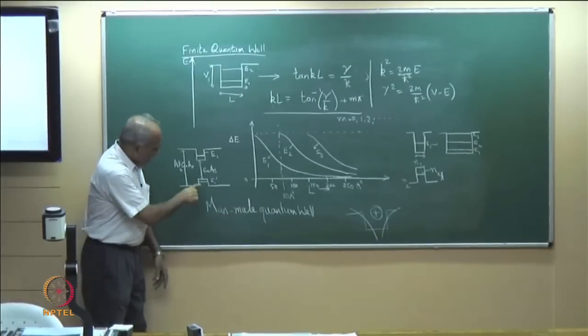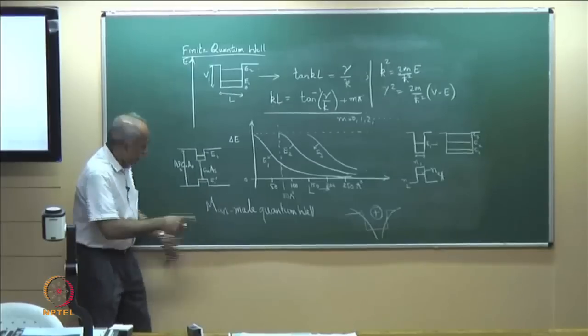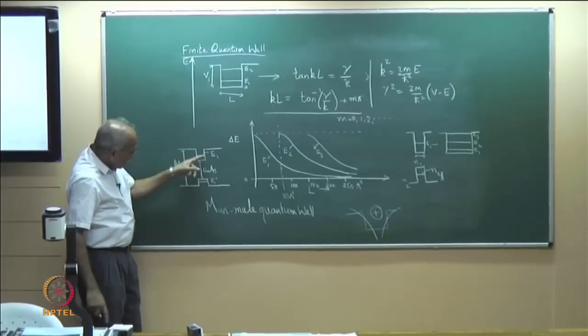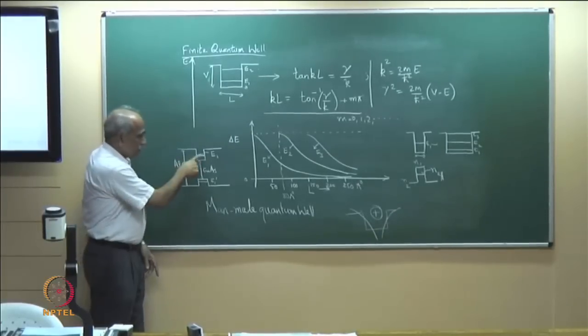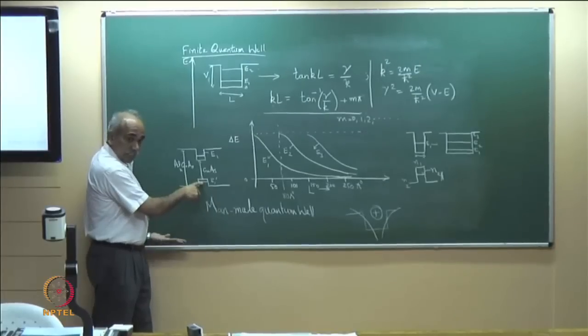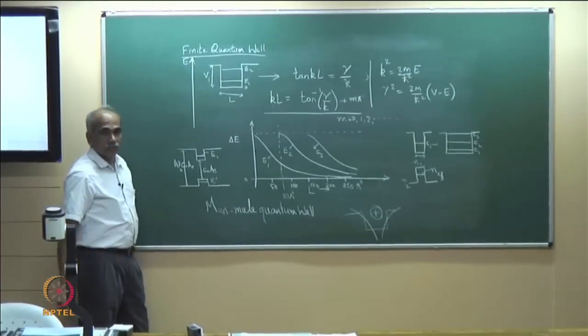In the valence band, you also have a potential well or potential barrier which also has discrete energy eigenvalues. The lowest allowed energy eigenvalue is E1. The highest energy eigenvalue for electrons, or lowest energy for holes, is E1 dash.